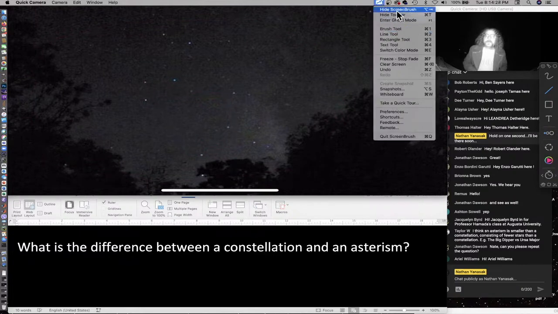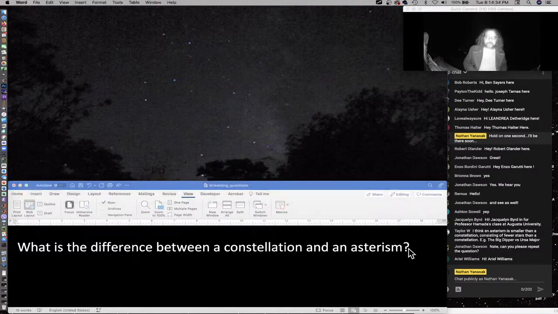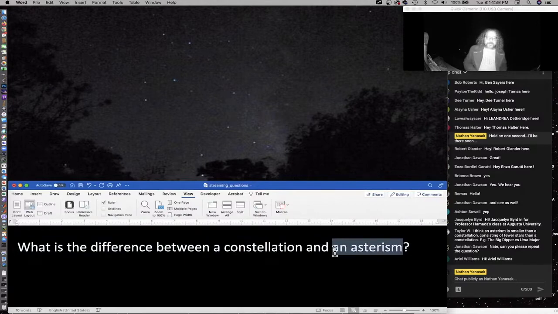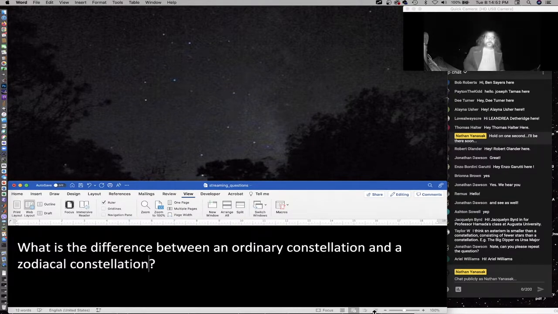So let me hide the screen brush. And it's time for another question. What's the difference between an ordinary constellation and a zodiacal constellation? Because I was showing you Sagittarius, right?